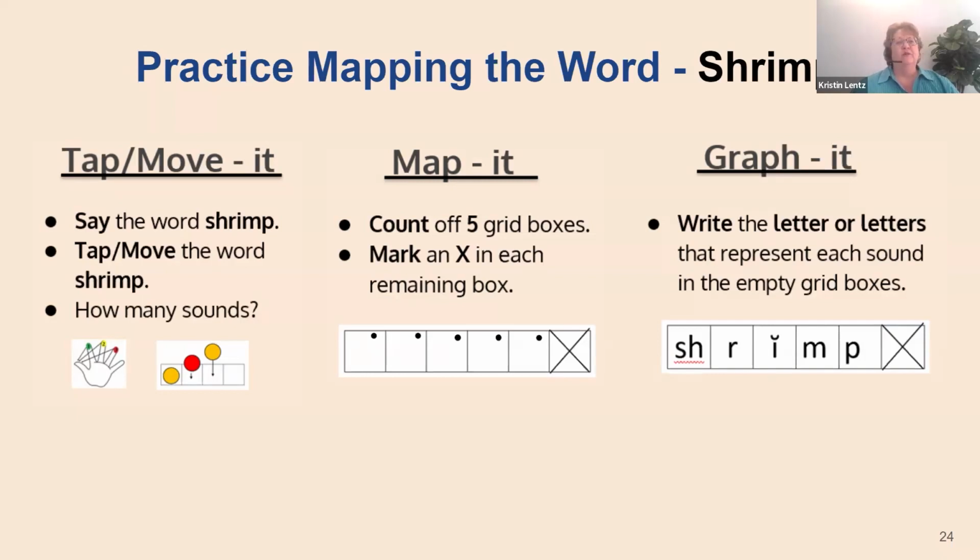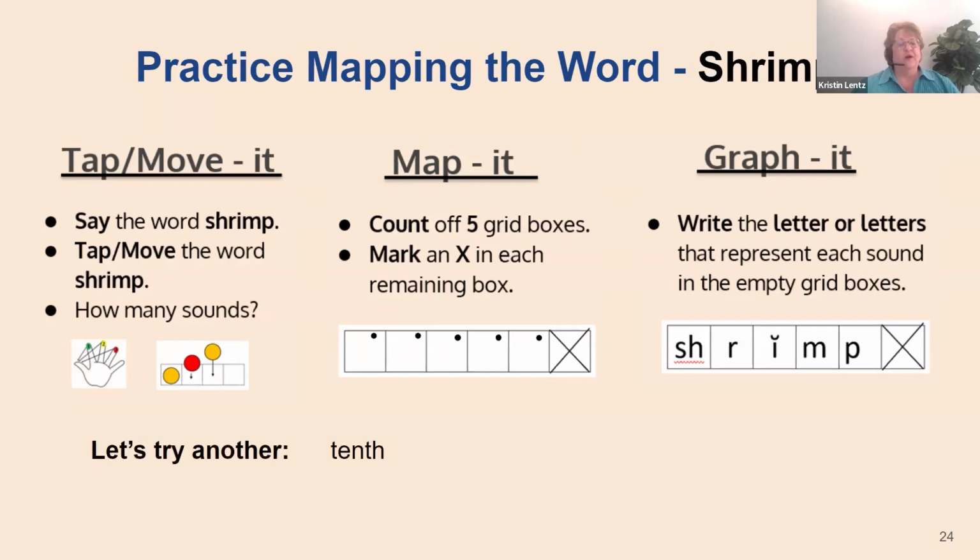So now I'm going to map it, or put the graphemes that match each of those phonemes that I heard. SH for the sh, R for the r, I for the I, and M, P. So now I've mapped it into the boxes.